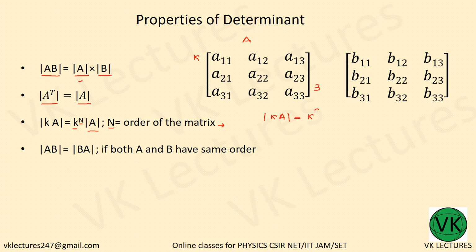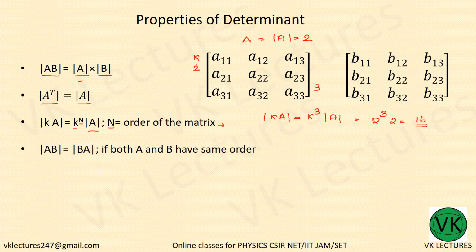This is K power 3 into determinant of A. Suppose the determinant of A is equal to 2 and value of K equal to 2, then this is 2 power 3 into determinant of A, that is 2, that is 8 into 2, equal to 16. So this will be your determinant for the matrix multiplied by the constant K.